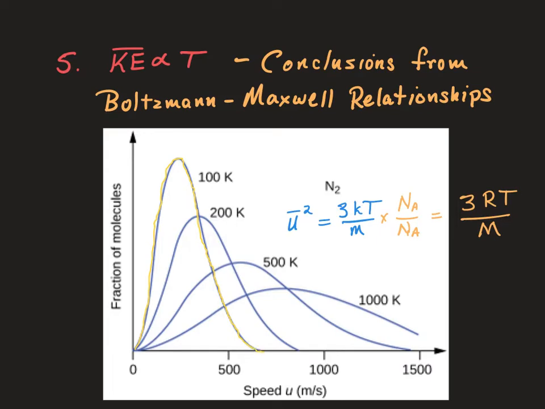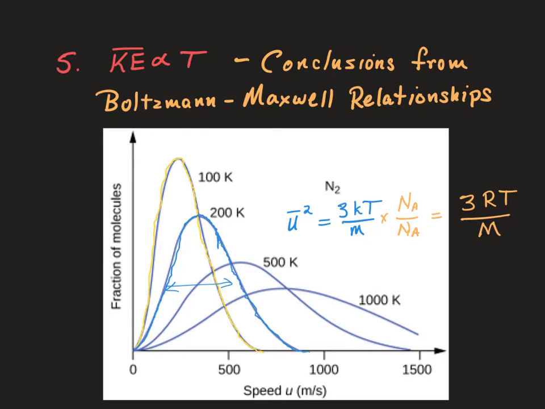It's the same molecules, so at 200 Kelvin the area under this curve is the same, but the curve is both wider and the peak has moved to the right, and the root mean square speed has moved to the right.